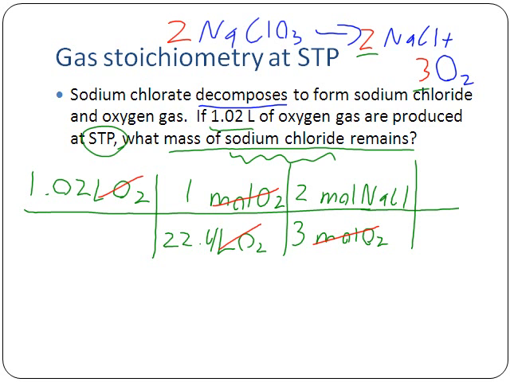And so our last step is going to be to go from moles of sodium chloride to grams of sodium chloride, which is what we're looking for next. And so to do that, you're going to have to get out your periodic table. And of course you'll need a calculator for this as well. This is sort of what we said before, is that sodium has a mass of 22.99, plus the mass of chlorine, which is 35.45.